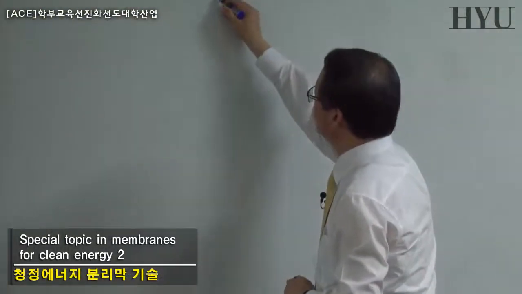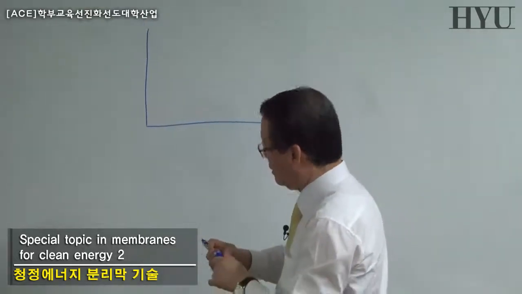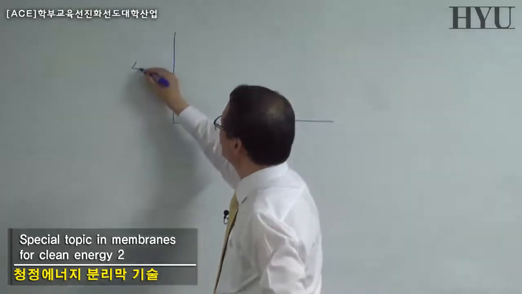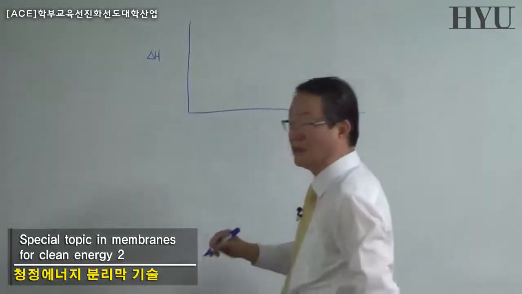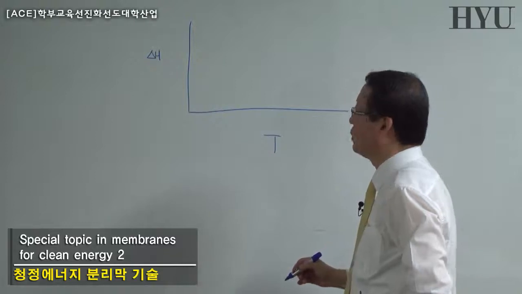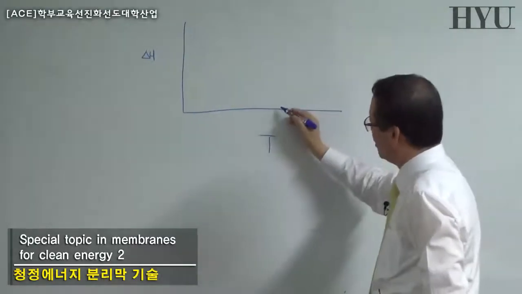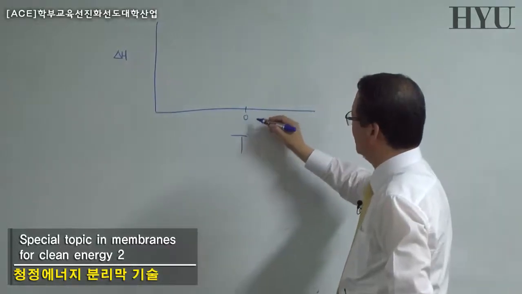What you do in a DSC measurement is measure the change in enthalpy as a function of temperature. Okay? When we are looking at the polymer, we are usually at a little above 0 degrees C.